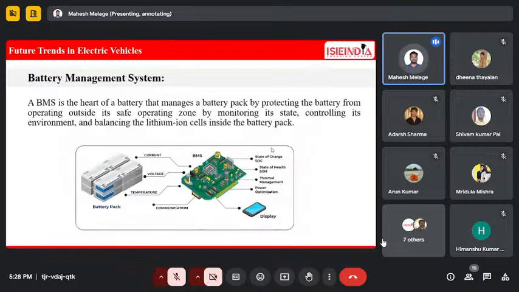Next one is the battery management system. The battery management system, BMS, manages the battery parameters. It is nothing but the protection device of the battery.